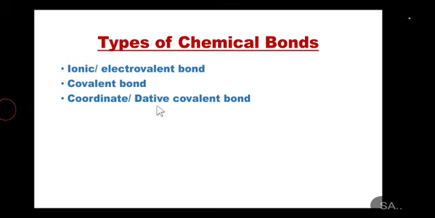There are 3 things you must understand at this point: either the valence electrons are lost, or they may be gained by a certain atom, or there might be sharing of those valence electrons between the atoms.